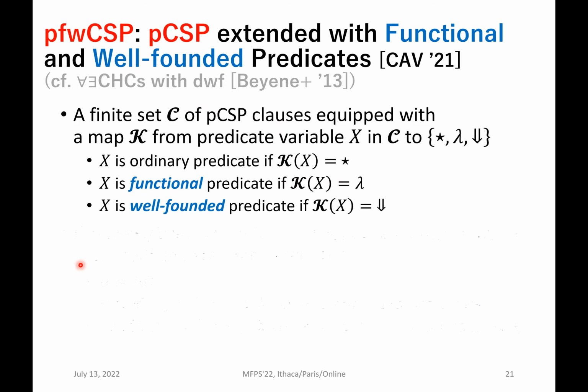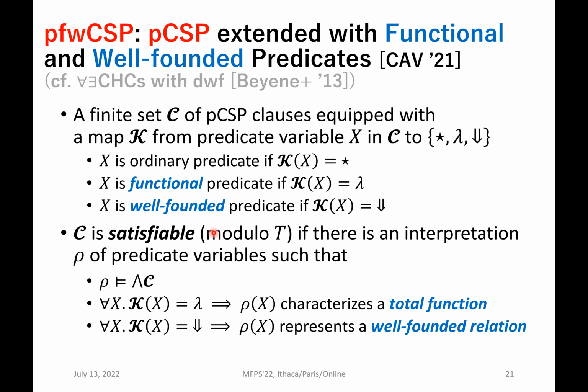And the set of constraints C is satisfiable if there is an interpretation of predicate variables that satisfies all the clauses. Additionally, for all functional predicate variables X, the interpretation of X needs to characterize a total function. Also, for all well-founded predicate variables X, the interpretation of X needs to represent a well-founded relation.